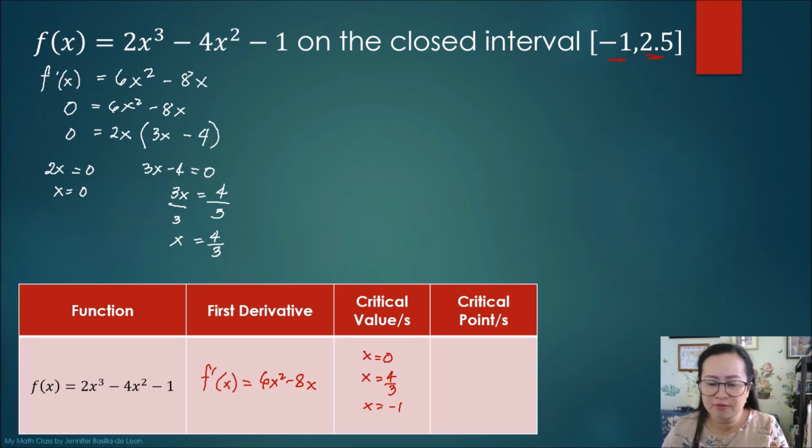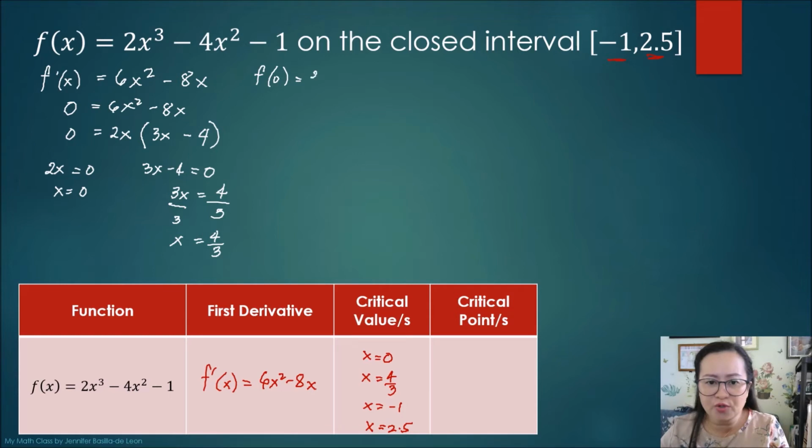So we have x equals -1 and x equals 2.5. Now we determine the critical points by evaluating the original function at x equals 0, x equals 4/3, x equals -1, and x equals 2.5.